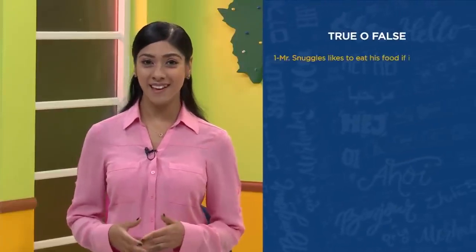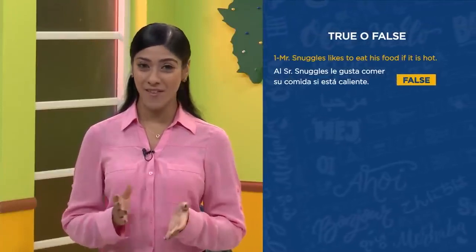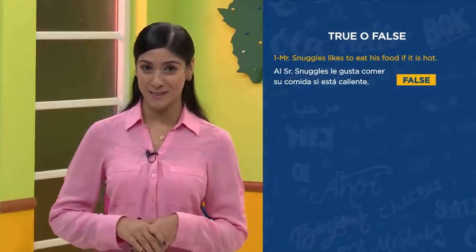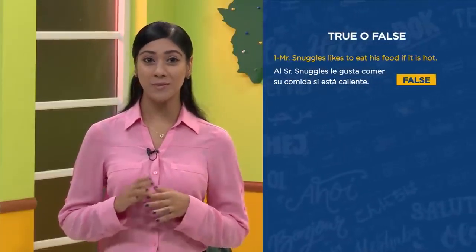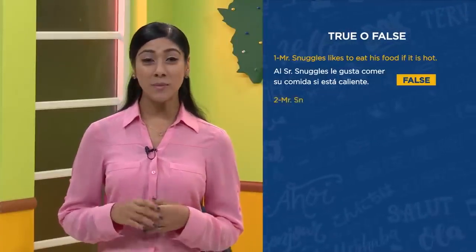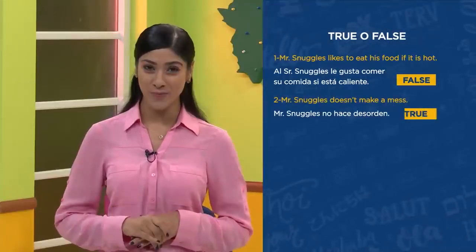Ahora, your teacher Iman te dirá las respuestas. Number 1. Mr. Snuggles likes to eat his food if it is hot. False. Falso. Mr. Snuggles only eats his food while it's cold. El señor Snuggles solo come su comida mientras está fría. 2. Mr. Snuggles doesn't make a mess. True.